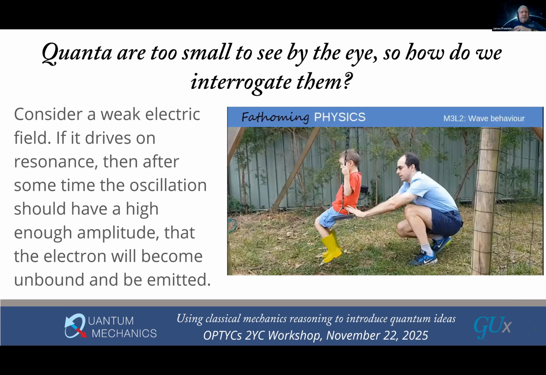In fact, this is the model that Lorentz, the famous guy of the Lorentz transformation, used. He developed a whole theory based on electrons in harmonic oscillator traps. And it's related to what Planck said when he was solving blackbody radiation, where he said the black body has some set of oscillators in it that oscillate and radiate electromagnetic radiation.